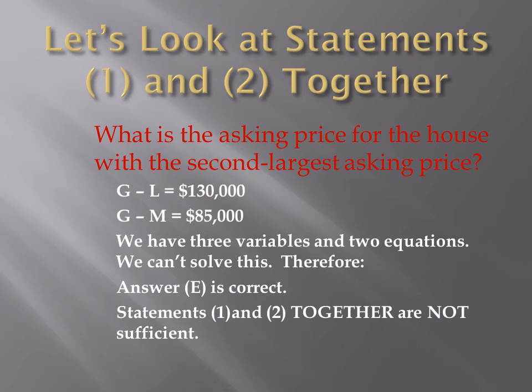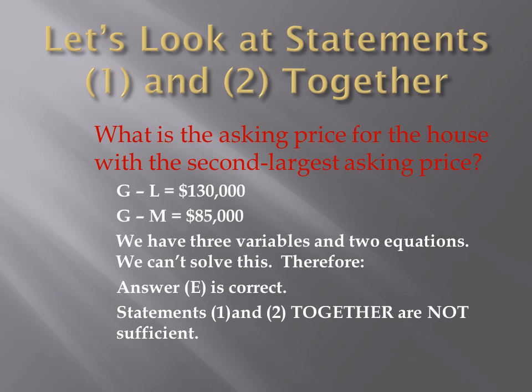Again, what is the asking price for the house with the second largest asking price? We now have 2 equations. We have our statement number 1 equation, G minus L equals $130,000. We have our statement number 2 equation, G minus M equals $85,000. So can we find out the asking price for the house with the second largest asking price?